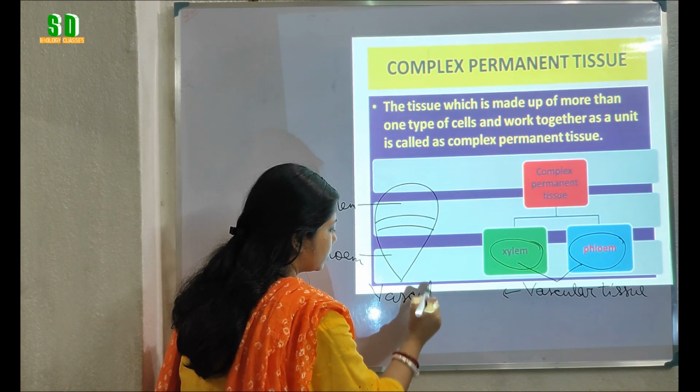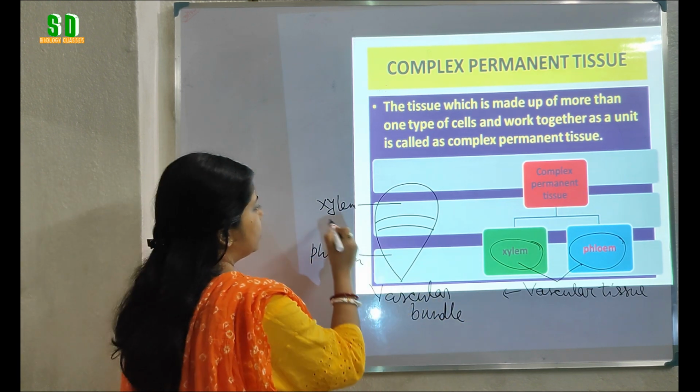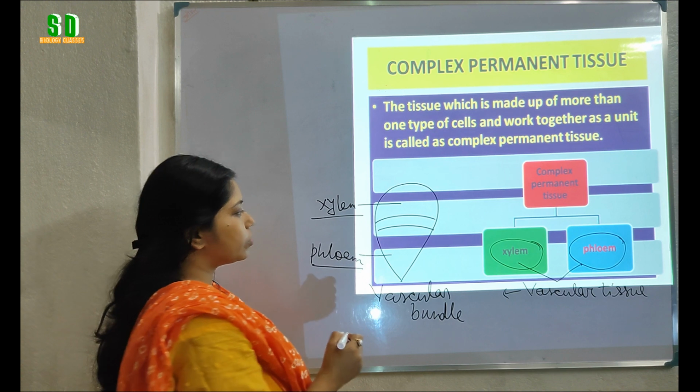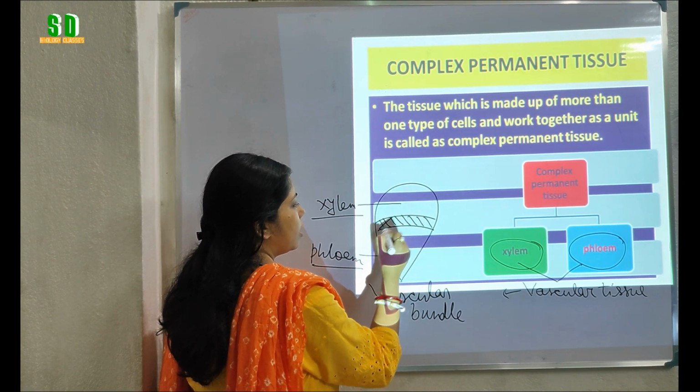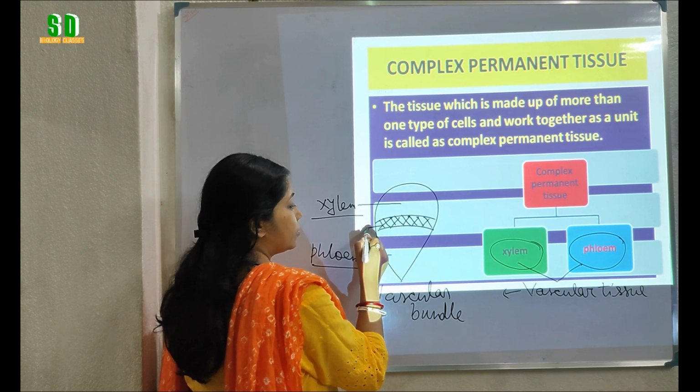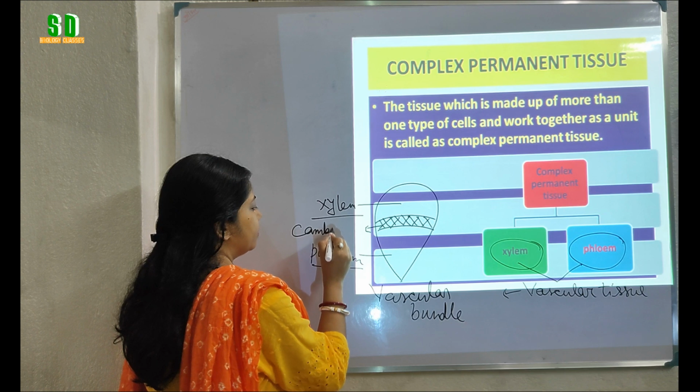The diagram of the vascular bundle is like this. In the vascular bundle, the xylem and the phloem tissue are arranged in this way, and in between the xylem and phloem tissue, another type of tissue is sometimes present, that is called the cambium.